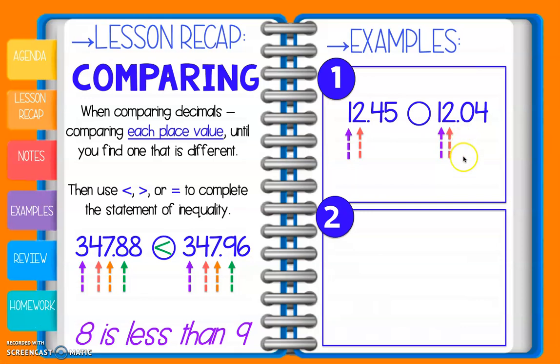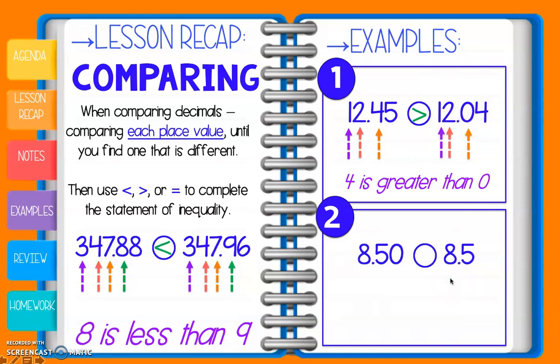So we're going to move on and take a look at our tenths place. In the tenths place, my first number has a 4, and my second number has a 0. We know that 4 is greater than 0, so I'm going to put in the greater than symbol to make my inequality statement true. 12 and 45 hundredths is greater than 12 and 4 hundredths.